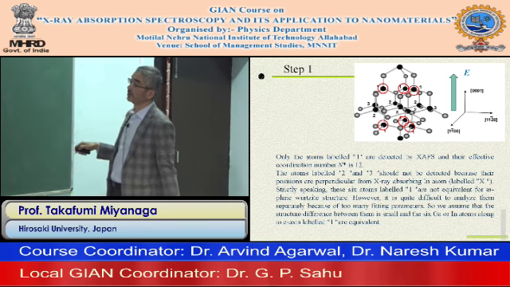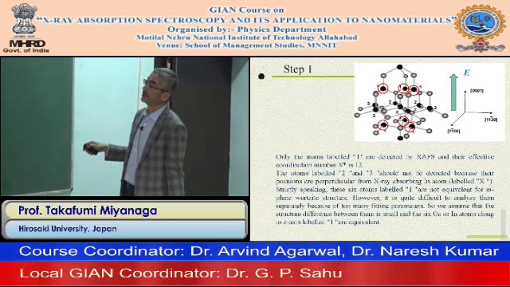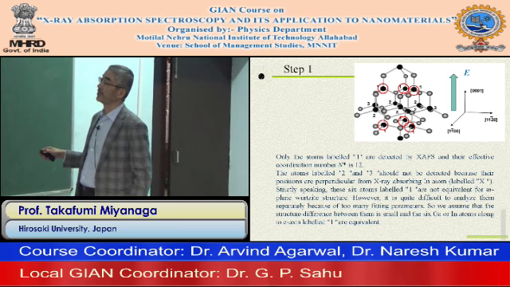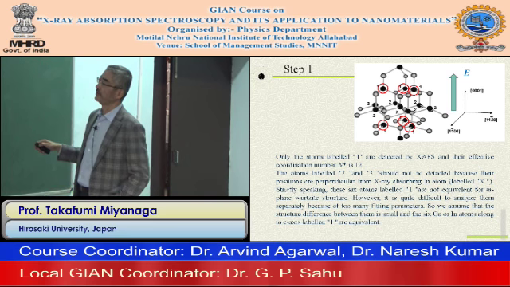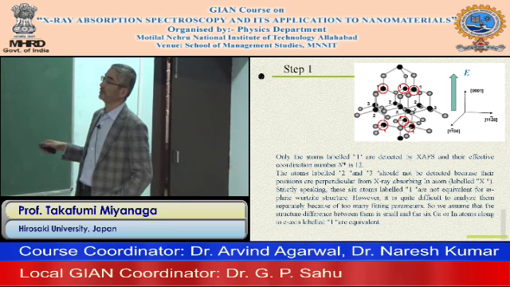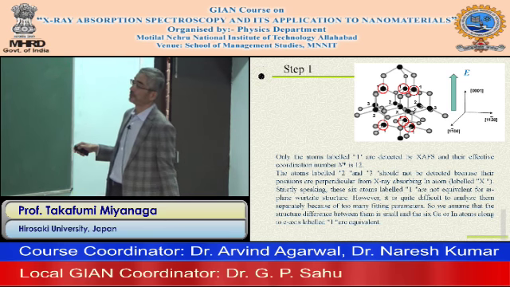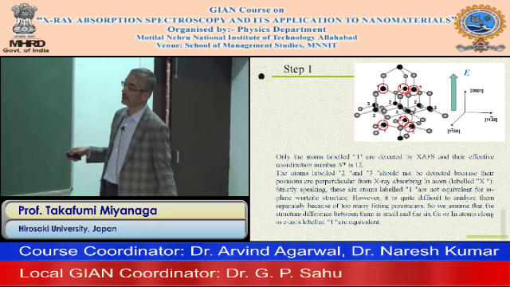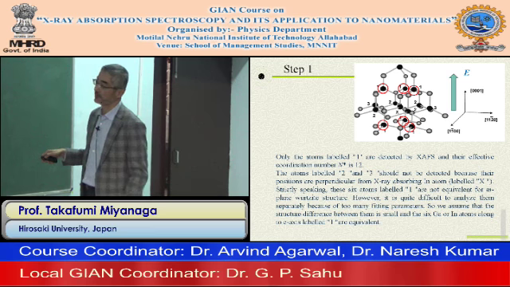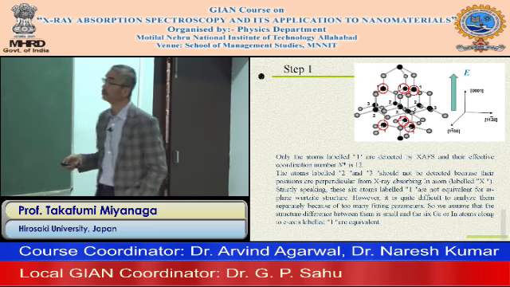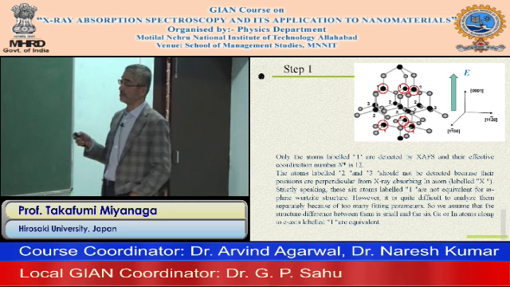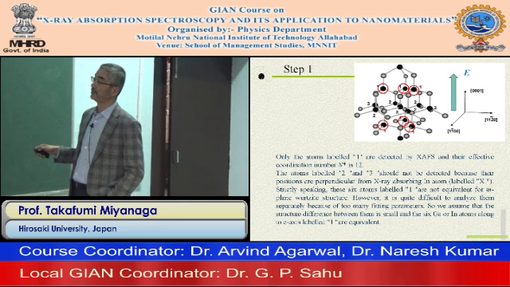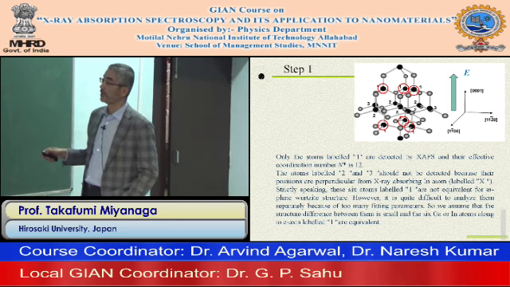So in this case, the X-ray obtains the information of only the first labeled atoms. There is no contribution from the second and third atoms because of the cosine function relation. So first we determine the structure parameters for these first labeled atoms.